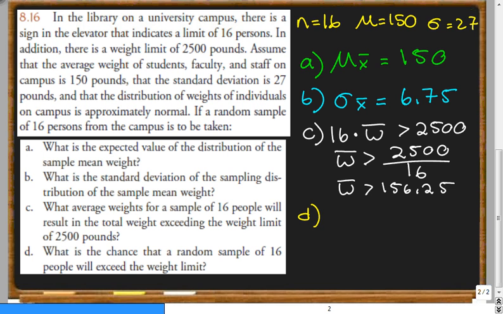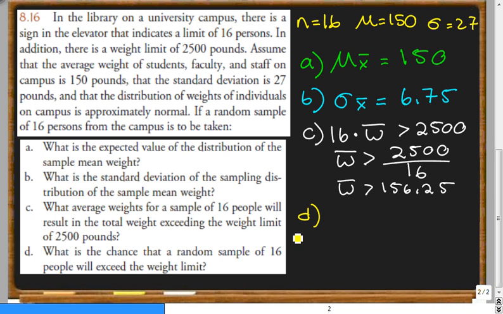Now we go to D. What is the chance that a random sample of 16 people will exceed the weight limit? The idea here is that in order to exceed the weight limit, the average of those 16 people would have to be greater than that number. So we can actually use our sampling distribution to find that. So the chance that a random sample of 16 people exceeds this weight limit, which we found to be 156.25, is going to be based off our sampling distribution.